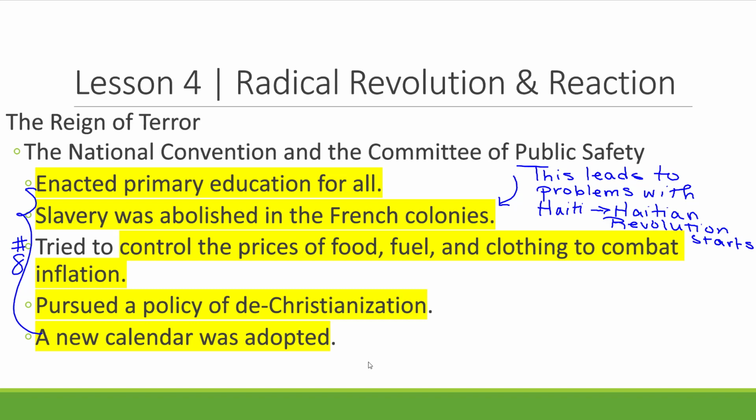Of course, pretty much the Western world operates on a Gregorian calendar: January, February, March, April, 30 days and so forth. Here they adopted a new calendar that was different. I believe it was about 20 days, but I'll check and make sure. But that was their new calendar system that they adopted, and they did change a lot of the names of the months as well.